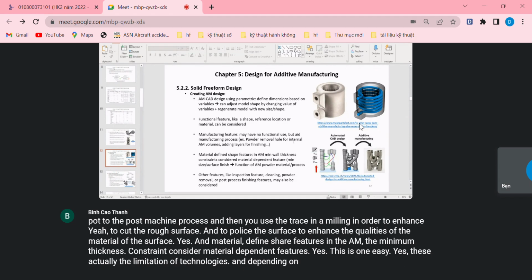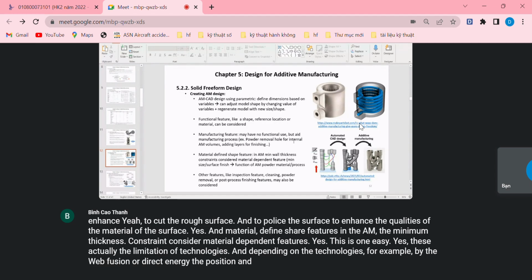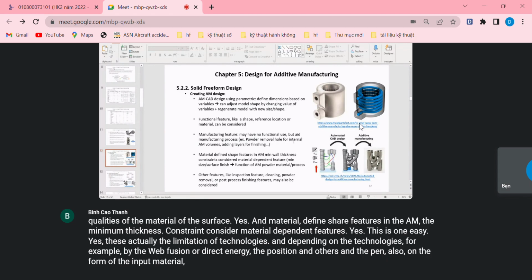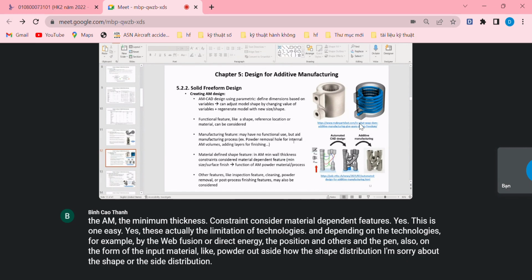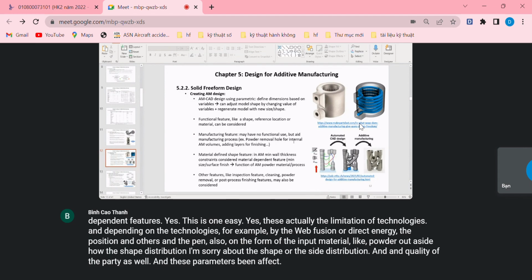And depending on the technologies, for example, powder bed fusion or directed energy deposition and others, and also depending on the form of the input material, like powder size, powder shape, size distribution, and quality of the powder as well, these parameters will affect the minimum wall thickness.